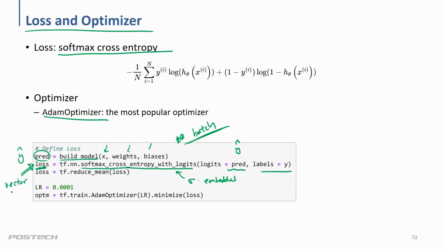In order to get a scalar, I need to take the mean value of that. In TensorFlow we have reduce_mean, the same as the mean, and this one is a scalar value. So I'm going to minimize it with the learning rate alpha, using the Adam optimizer.